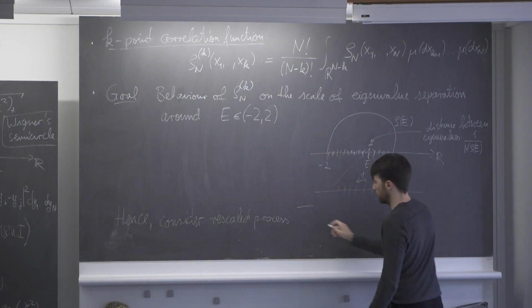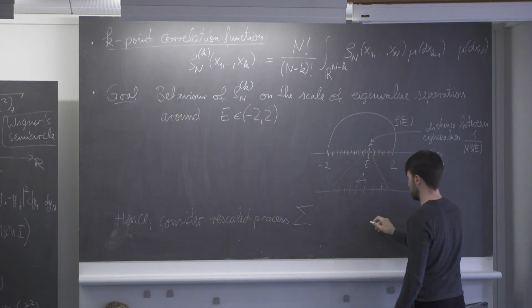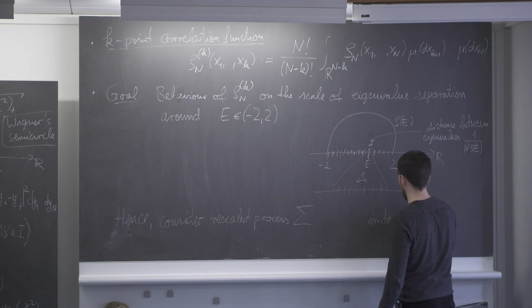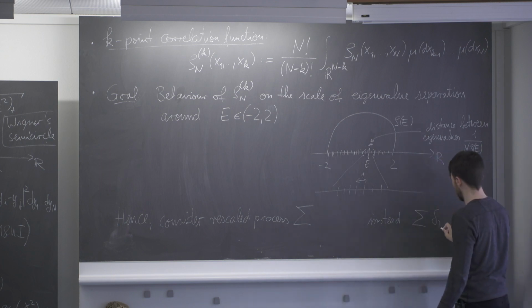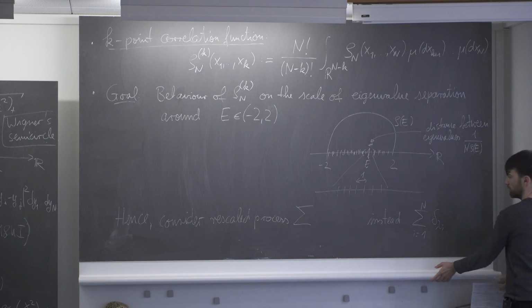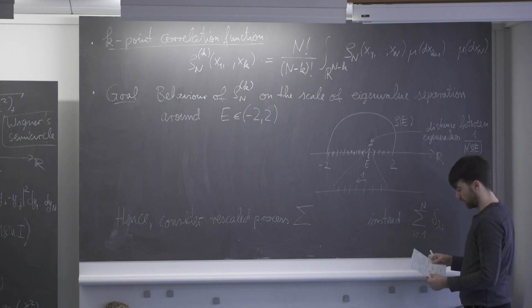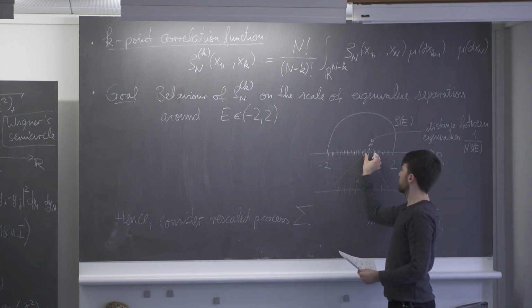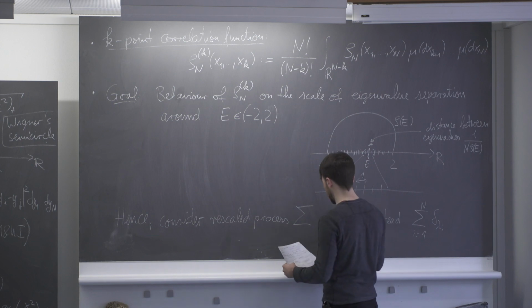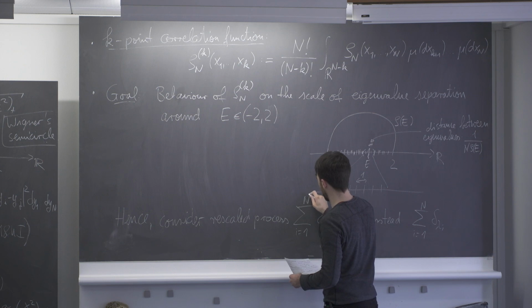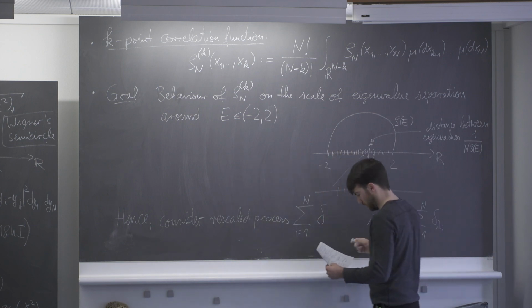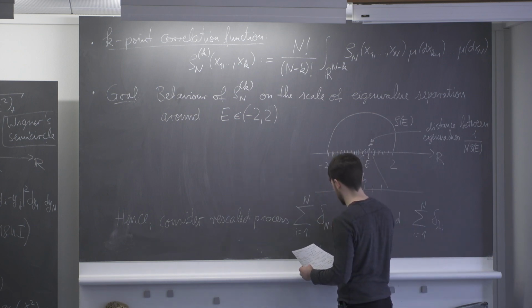I will write the process here, and first I want to give you the maybe more naive suggestion, or in some sense the more fundamental object, which is the eigenvalue process, where you just put a Dirac mass at each eigenvalue. But now we want to look at what happens around some energy E. So we have to rescale it as follows. So we again look at Dirac masses at certain rescaled points of the eigenvalues.